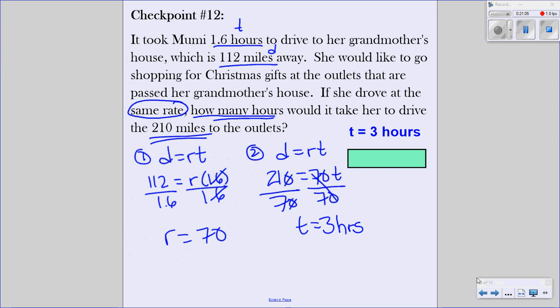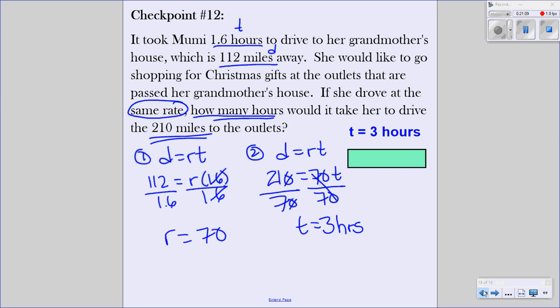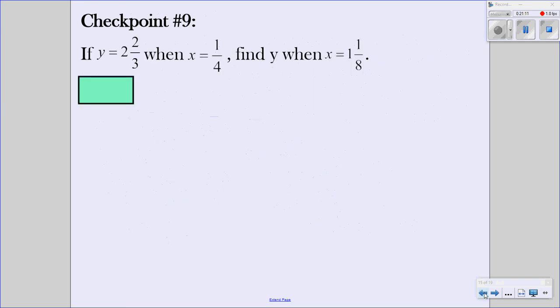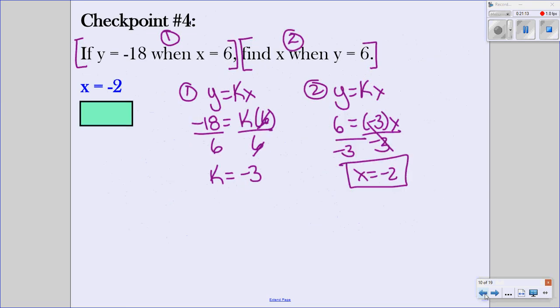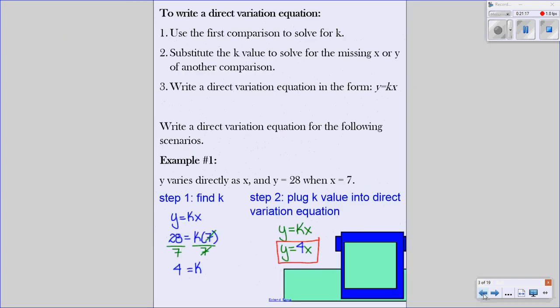All right. So we reached the end, and as a recap, we learned about writing direct variation equations. So basically, we know K is replacing the slope. That represents the rate.